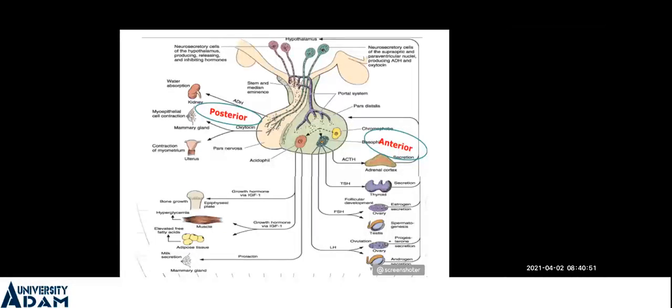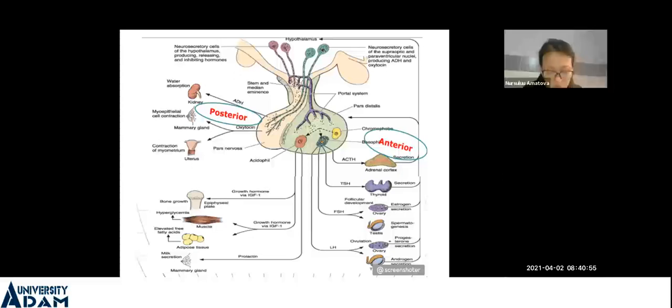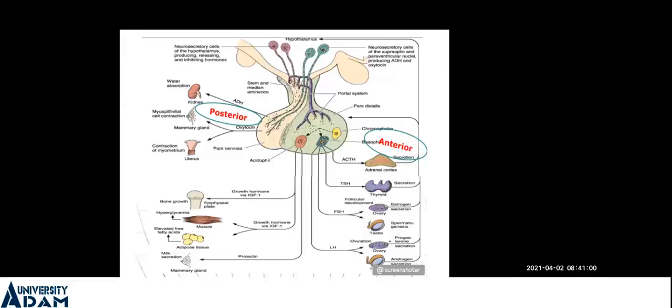Gonadotrophin hormones act on the gonads. Thyrotrophs control the thyroid hormones. No, corticotrophs release adrenocorticotrophic hormone from the pituitary gland.